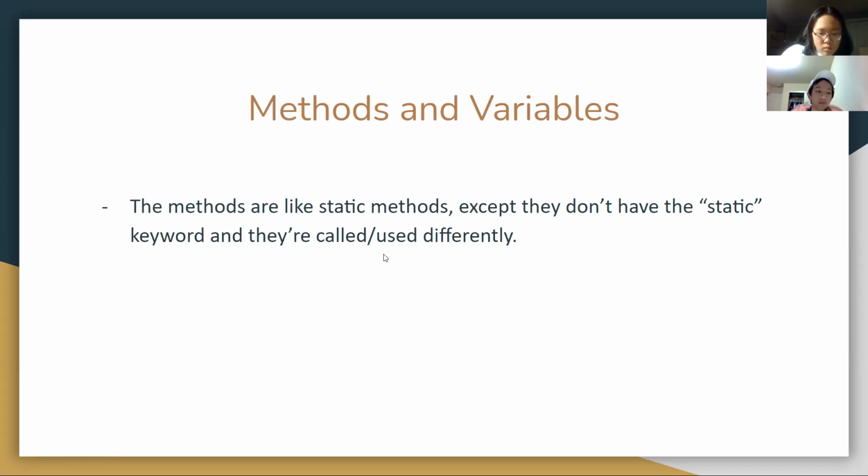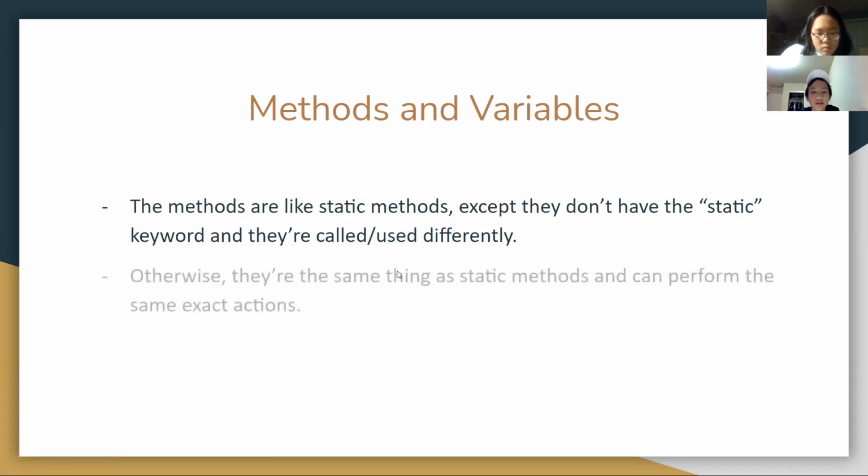A static method would be public static, return type, name. But for this, it would just be public, no static, just a return type and the name. And they're called or used differently. Besides that, they're the exact same thing as static methods and can do the exact same things.